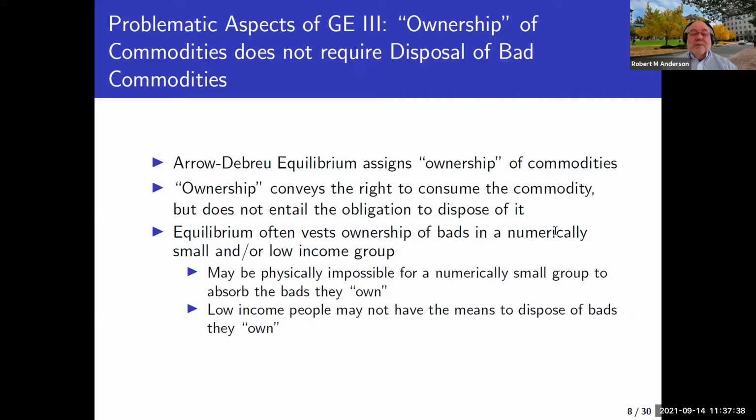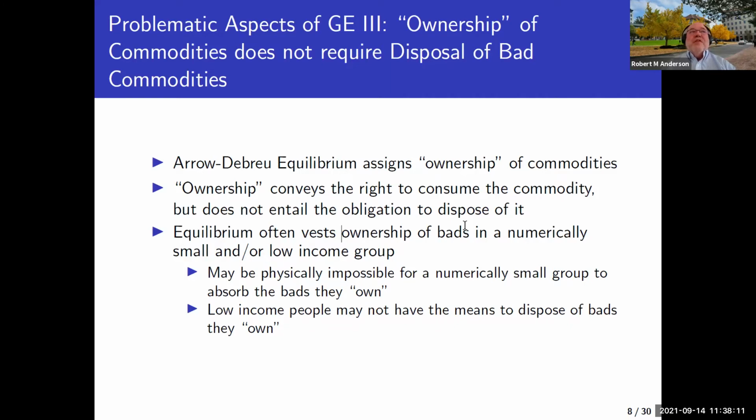And finally, the example is mostly due to Hara, who I'll mention again as we go through this, that equilibrium often vests ownership of bads, things like pollution, in a numerically small and/or low income group. So if you take a model with a finite number of agents and look who ends up absorbing the pollution, well, you are discouraging pollution by putting a negative price on it.